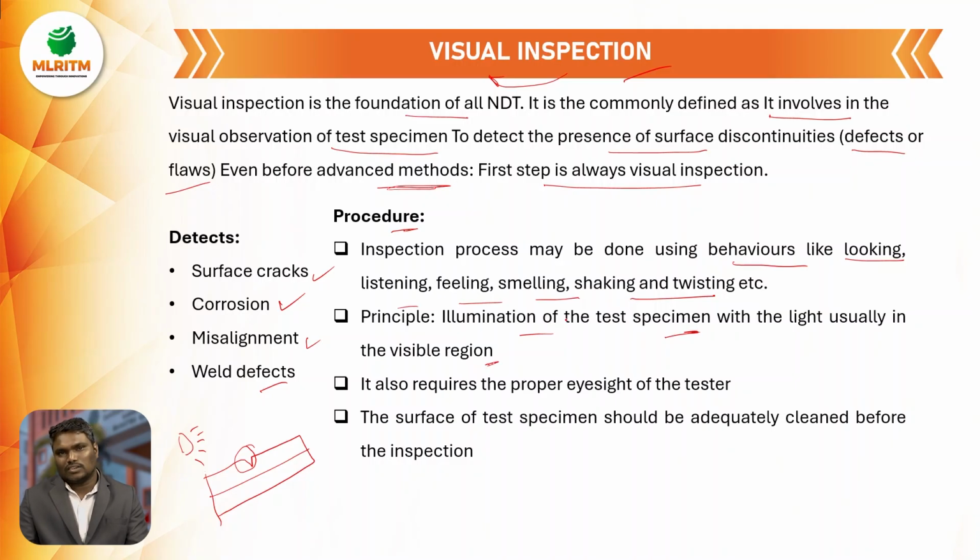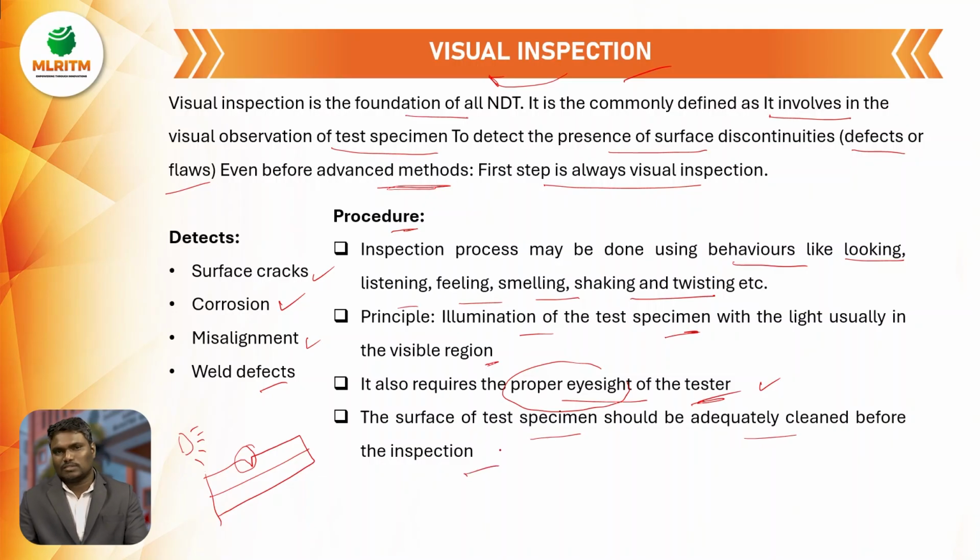If the material is illuminated perfectly, whatever defects are there can be detected easily. It also requires proper eyesight of the tester. Whoever is testing the material should have proper eyesight so that it can be done very easily. And the surface of the test specimen should be adequately cleaned before inspection.